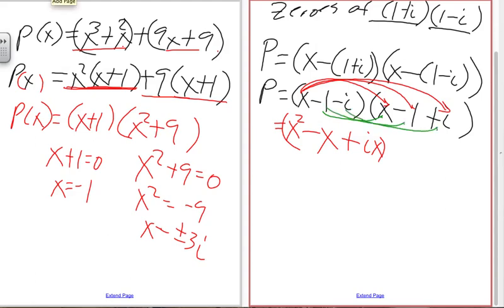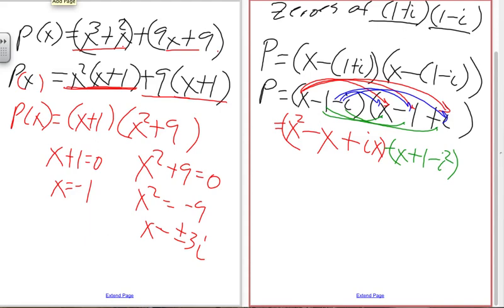That will give me minus x, minus 1 times minus 1 gives me a plus 1. And then minus i plus i gives me minus i squared. There's my second group.